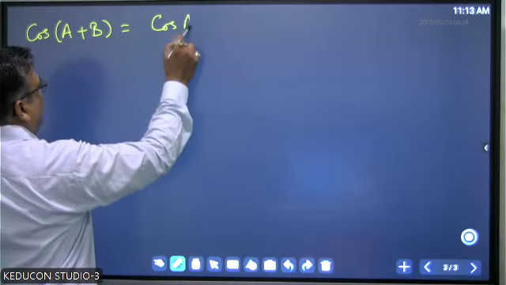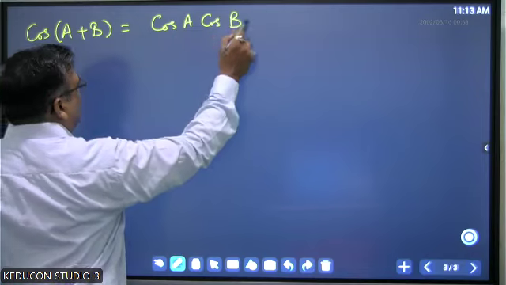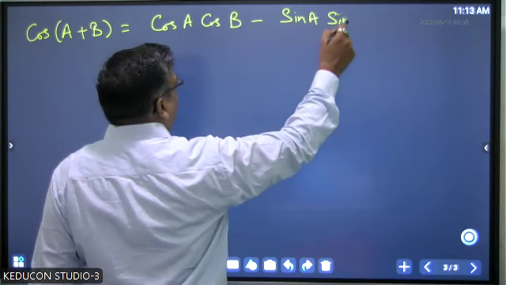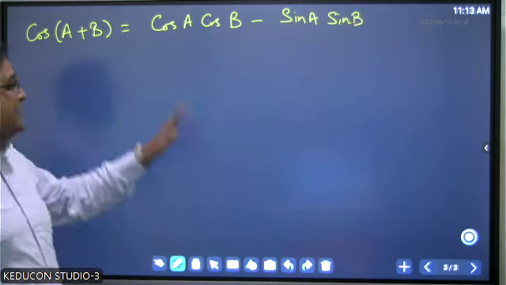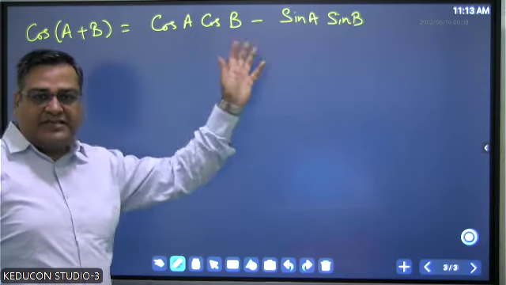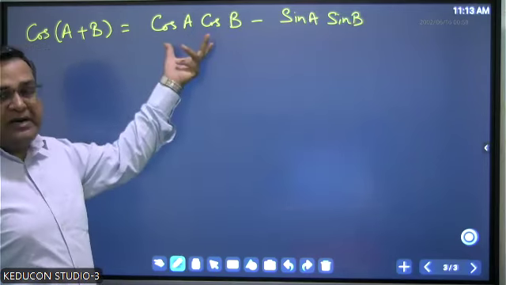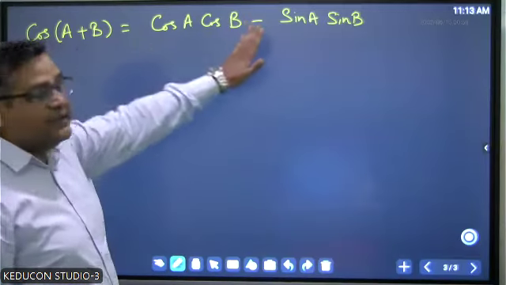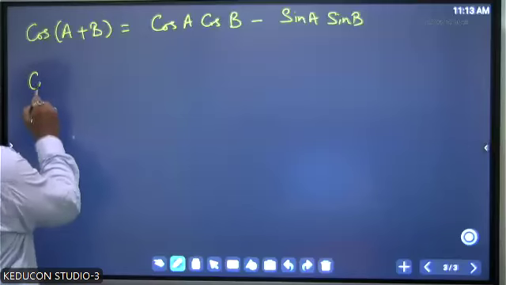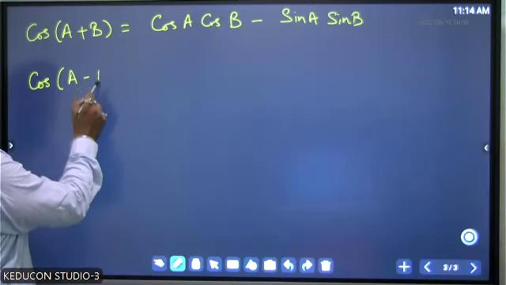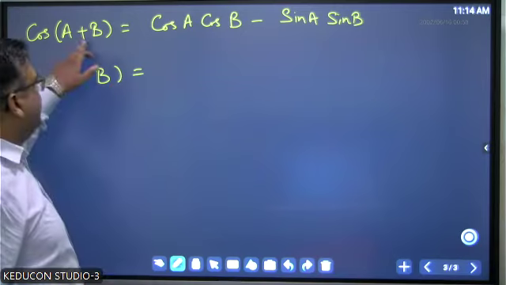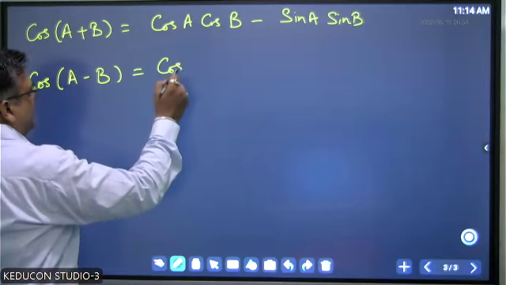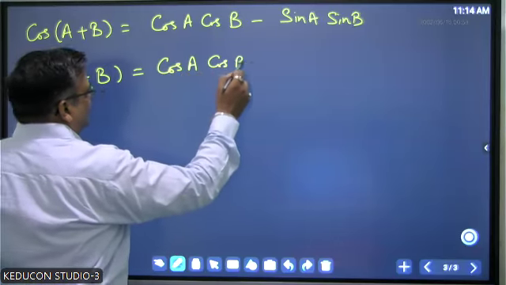Here you have cos A cos B minus sin A sin B. In the sine formula, you have sin A cos B plus cos A sin B. Here both terms are cos and both are sin, then minus. Similarly, when you take cos of A minus B, the signs are opposite here. When it is positive, the sign is negative. When it is negative, the sign is positive.